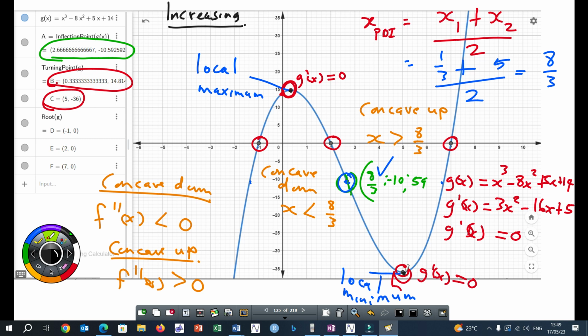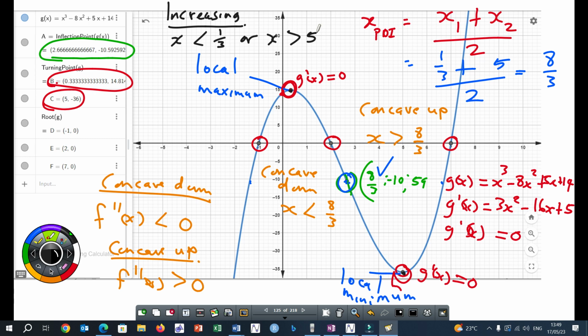What is the value of x at the maximum turning point? I know that one is a third. So my answer is x is less than a third, or, the x value there is 5, so x is greater than 5. I hope I'm not talking to myself here.